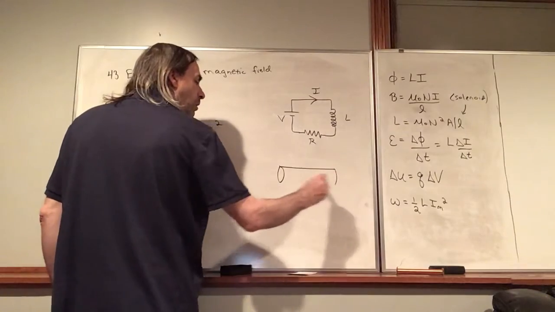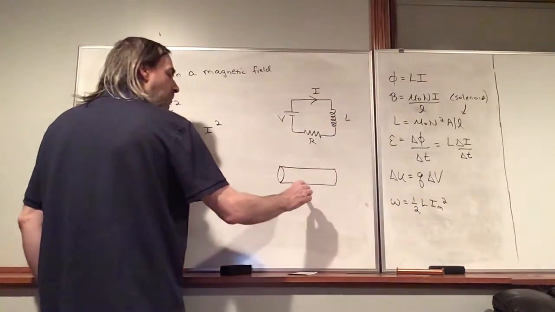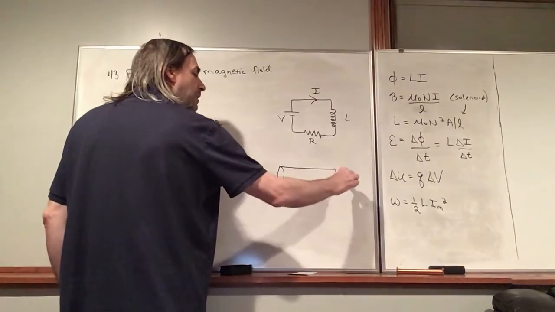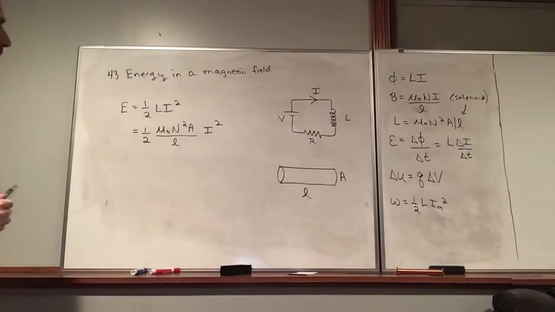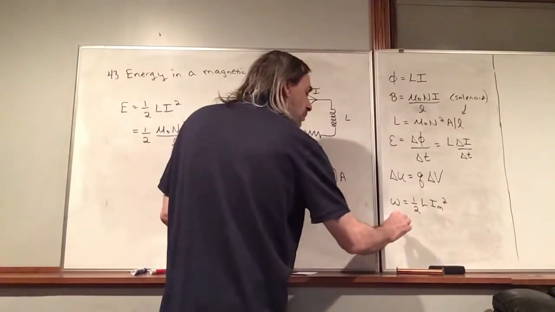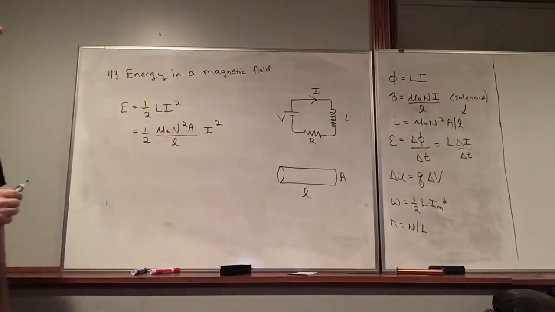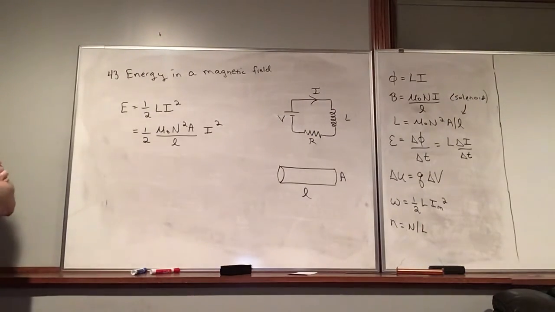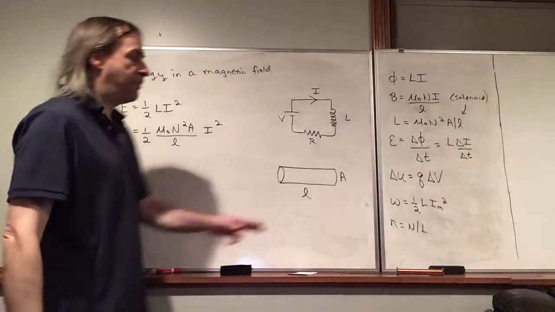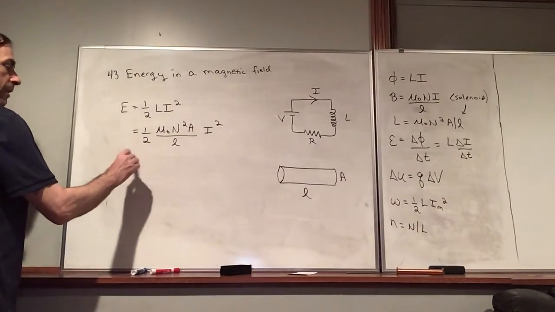I'm not going to draw all the loops on it, but it has a length L and a cross-section area A. The turns density is big N over L. So the number of turns is the length times the turns density. Let's throw that in there.